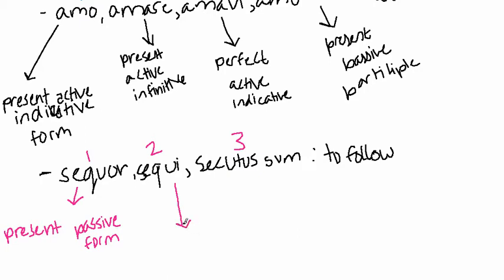So now it'll be your present passive infinitive. And it is. And finally, the third principal part is usually your perfect active indicative. So now it's going to be your perfect passive indicative.